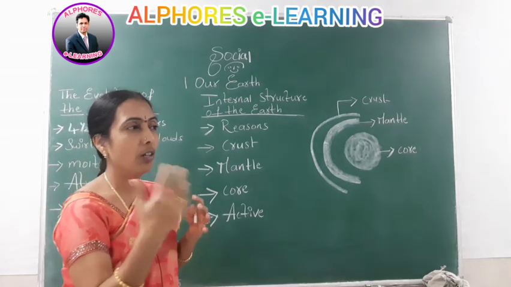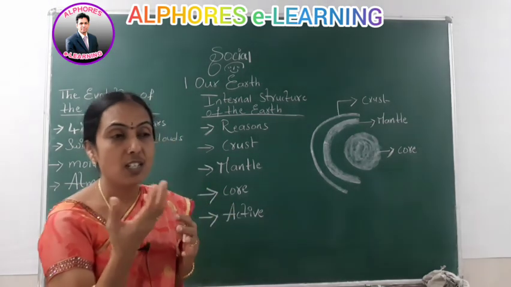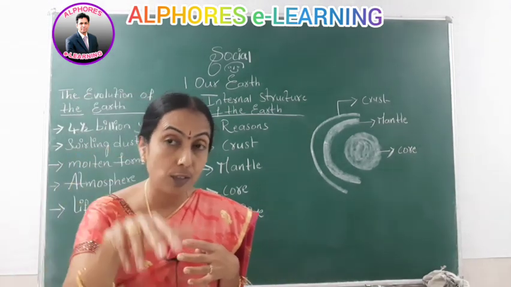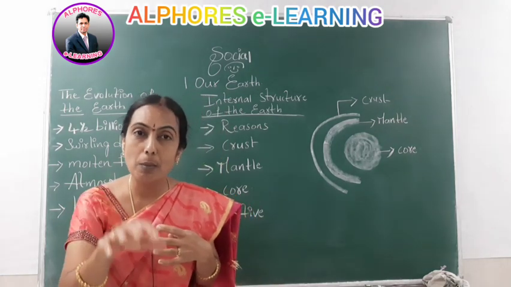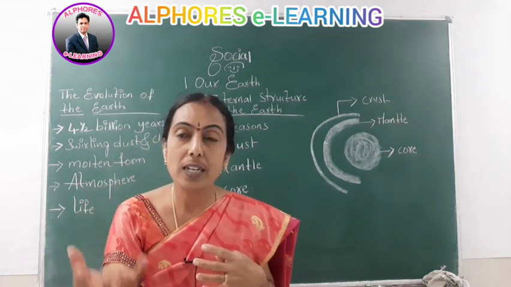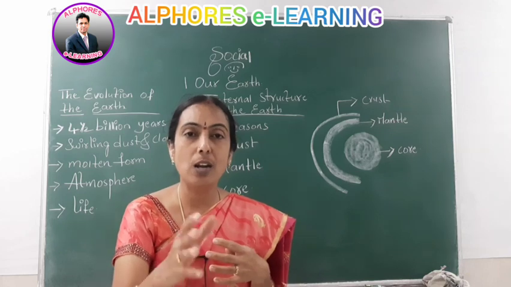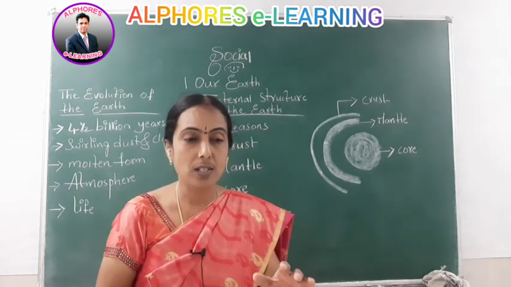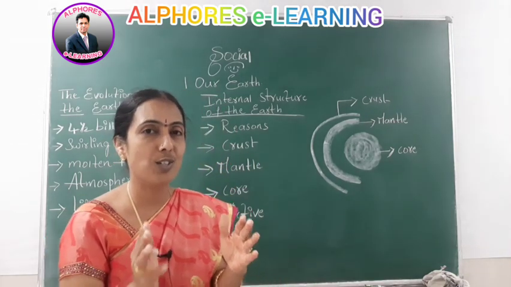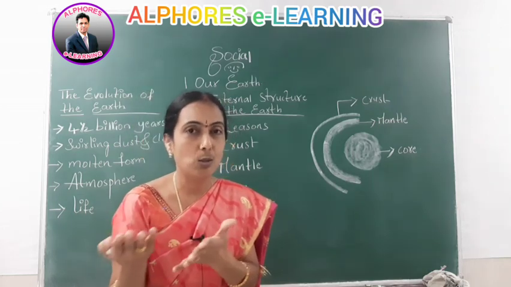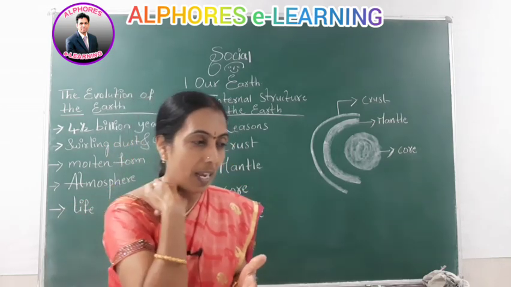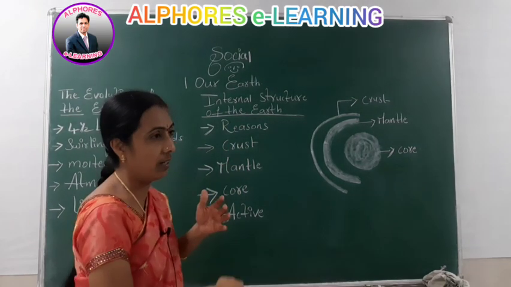Scientists took several years for this, even after the formation of the earth, the atmosphere, and the beginning of life. What are the reasons? This is one of the important questions of the topic. Why did it take several years for scientists to say about the earth's interior? These are the reasons.